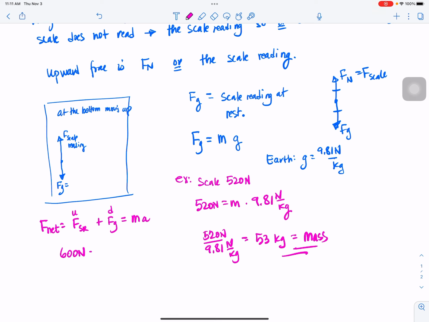Down, I'm going to have to subtract 520 newtons. So that gives me 80 newtons. That is equal to ma. I just calculated my mass, and so I use that to find my acceleration. Okay? And this right here, that is the calculation of my net force.